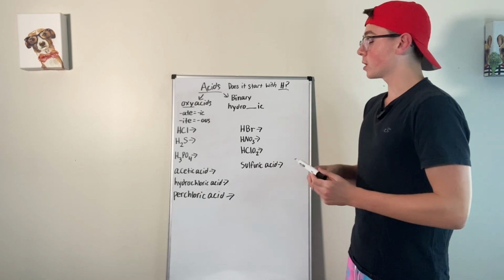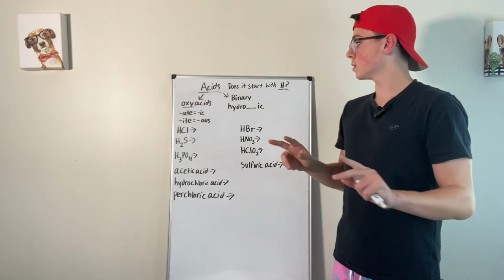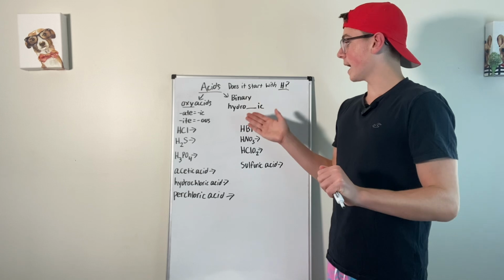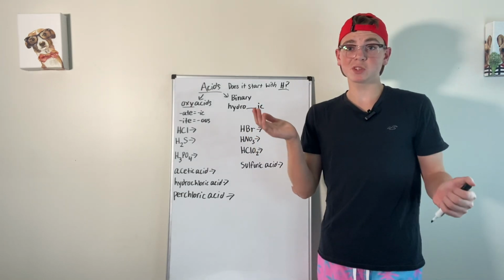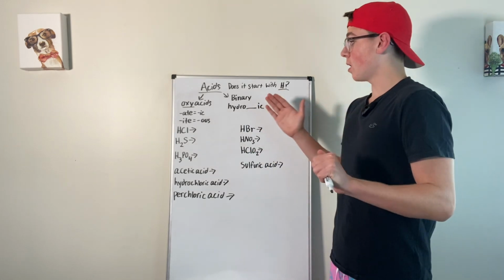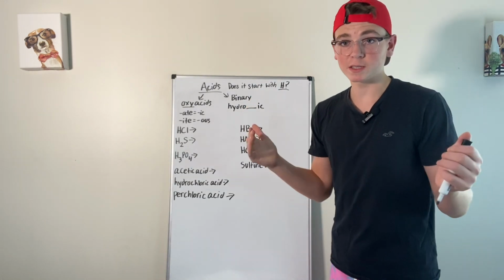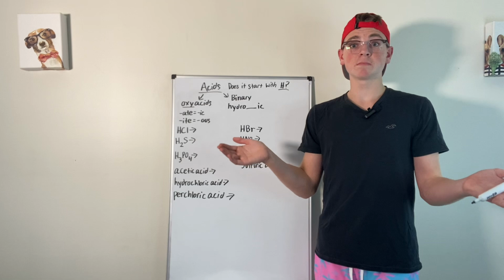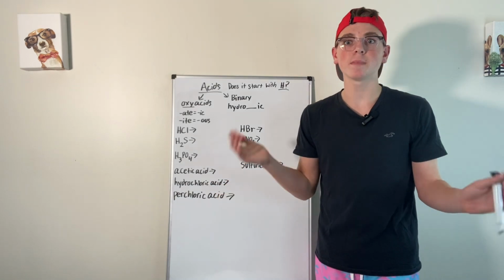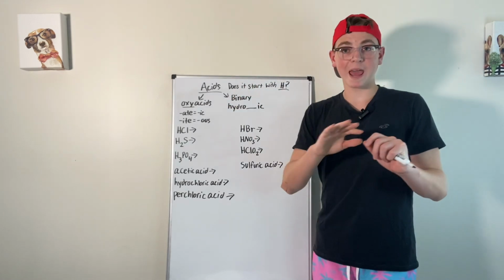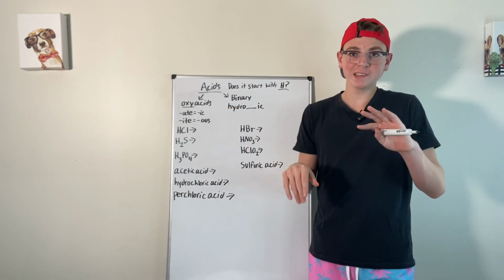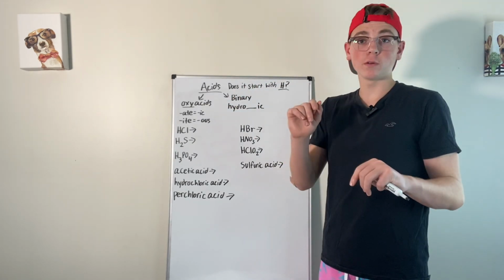Okay, so there are two types of acids that we will go over: oxyacids and binary acids. So the names are pretty simple and easy to remember. Oxy is for oxygen. What can you guess these acids have in them? They have oxygen in them. So if an ending is ate, like sulfate, it will become sulfuric.